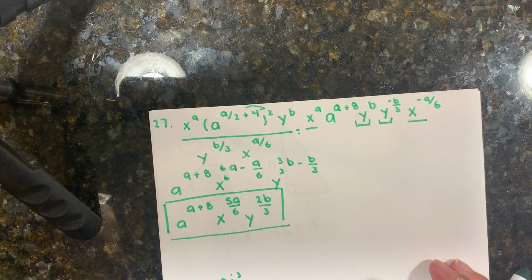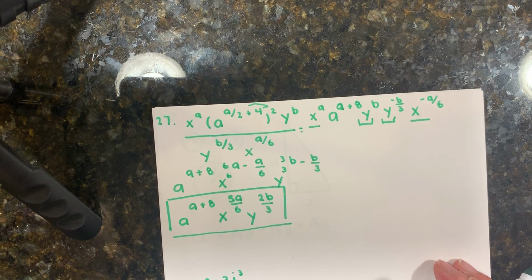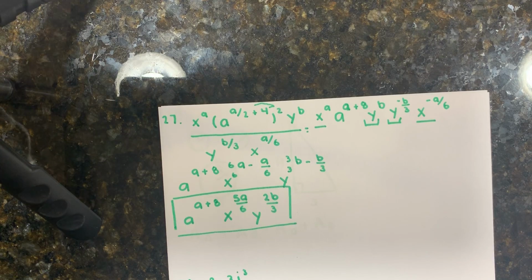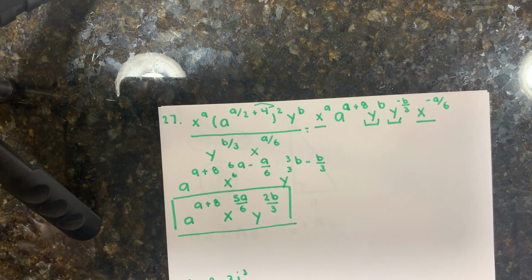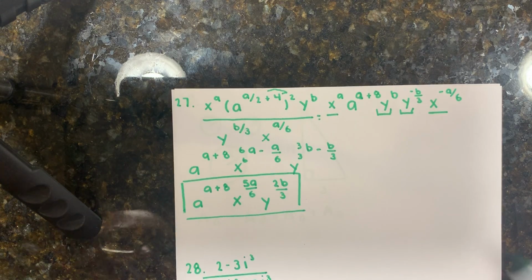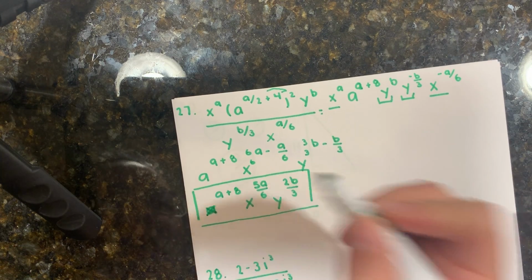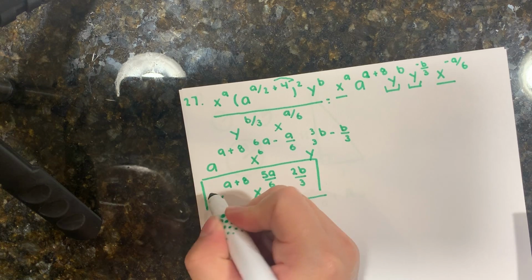And unless I messed up again, which is very possible, I might have written this down wrong. Oh, shoot, this should have been x. My bad. So now I want to add this to that.